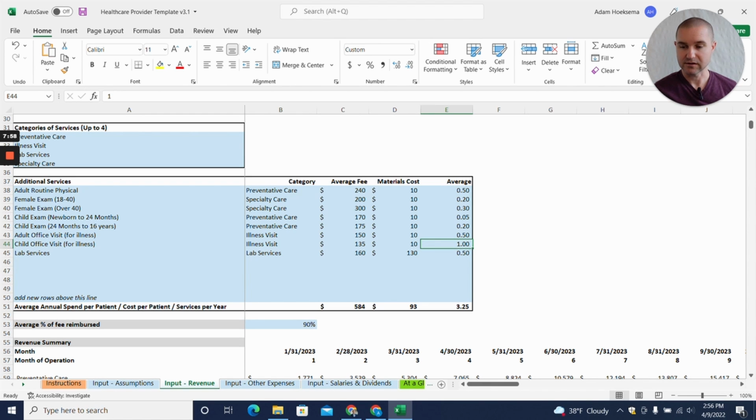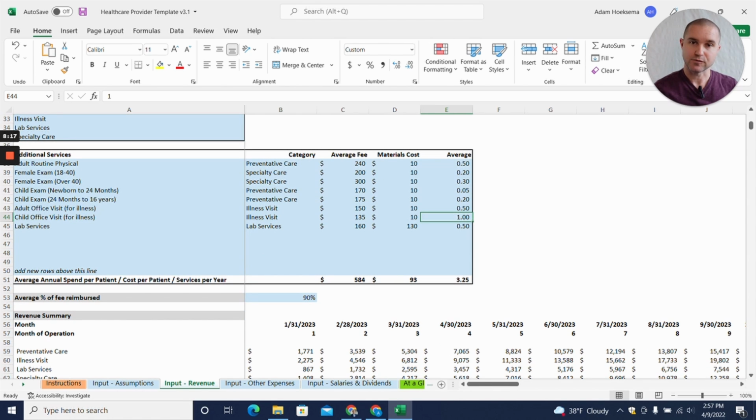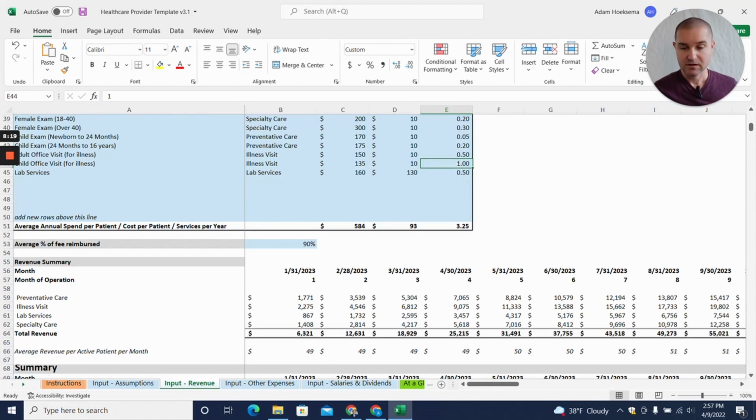So for a child sick visit, for example, the average patient will come once per year, or maybe, if you're like my kids, it might be 3 or 4 times a year. So you can fill out those number of times per year each patient will come for each service, right?